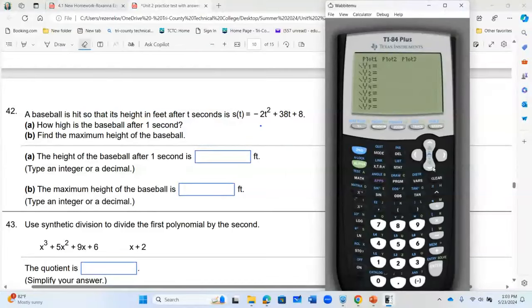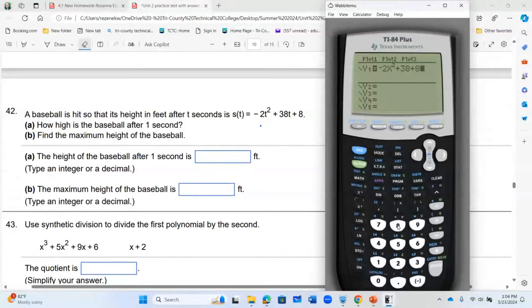Okay, then put the equation in number 42 in your calculator. So negative 2t squared, and I'm going to use x for t. Negative 2t squared right here. Okay, and plus 38x plus 8.